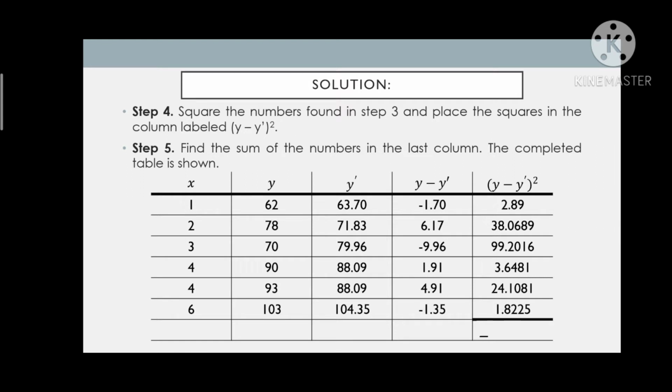And step 5, find the sum of numbers in the last column. The summation of y minus y prime square is equal to 169.7392.